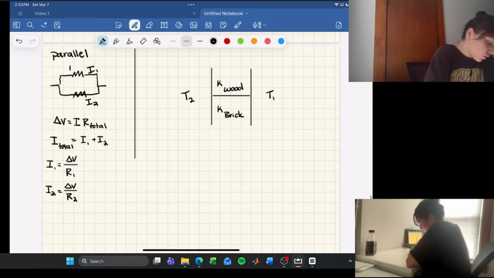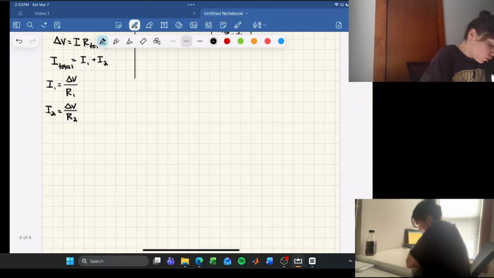So this is resistor 1 and resistor 2. This will give us that the total current is equal to the change in voltage over R1 plus the change in voltage over resistor 2.